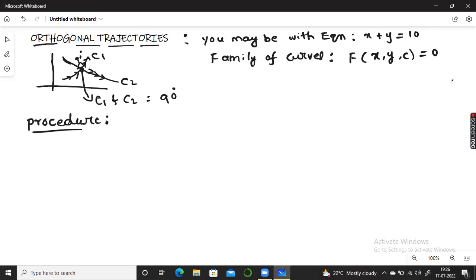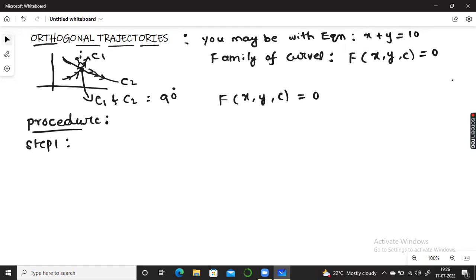So the first step: you will be given an equation f of x comma y comma c is equal to 0. It means you will be given a family of curves having x terms, y terms, and c an arbitrary constant.